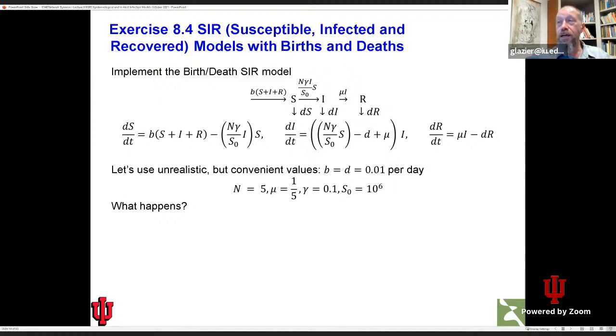R naught is N gamma divided by mu. So here N gamma is 0.5 divided by mu, which is 1 over 5. So R naught's 2.5. If you wanted to try a different value of R naught, you could see what happens.